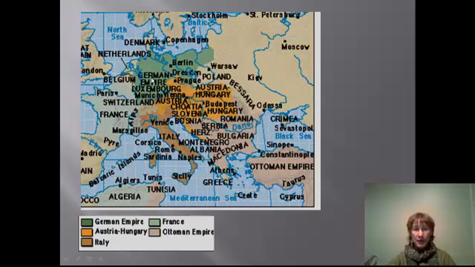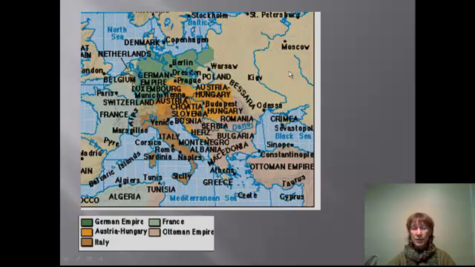One is the German Empire, and this one is the Austro-Hungarian Empire, Austria-Hungary. So we have the German Empire and Austro-Hungary. And then this is what became the Soviet Union.